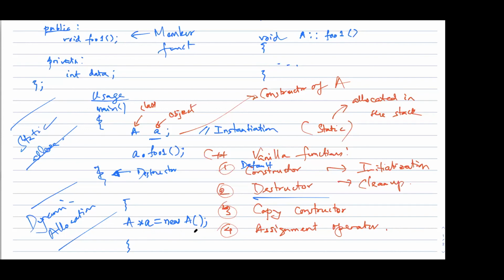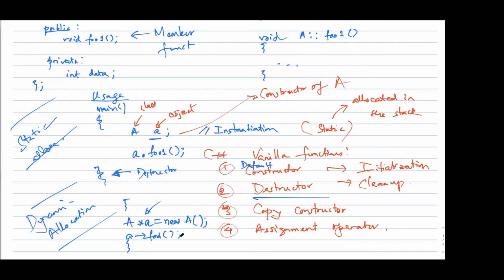So now if I have written A* a equal to new A, who can tell me how I am going to invoke foo1 for this particular object that I dynamically allocated? Can you do lowercase a and then the arrow pointing to foo1? Exactly. I'm going to use this arrow because it's a pointer.